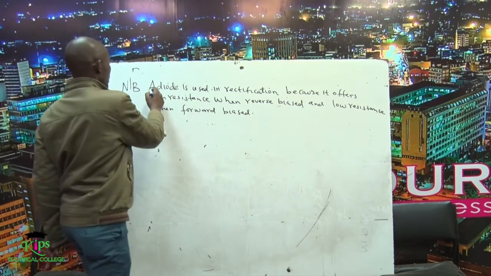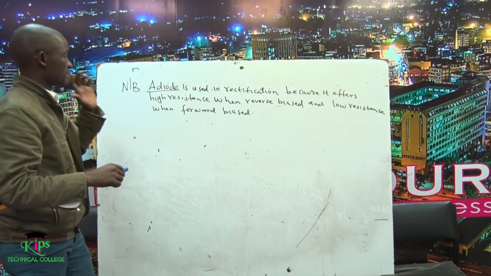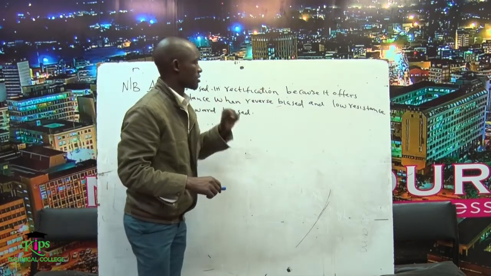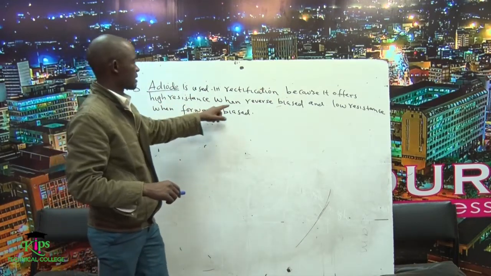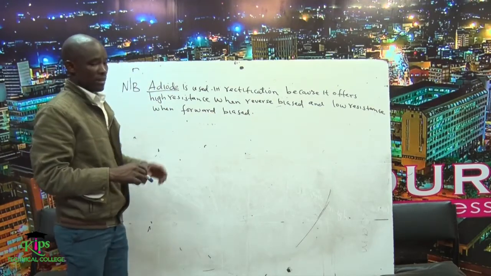So we have said a diode is an electronic device, and it is commonly used in rectification because it offers high resistance when reverse biased and low resistance when forward biased.